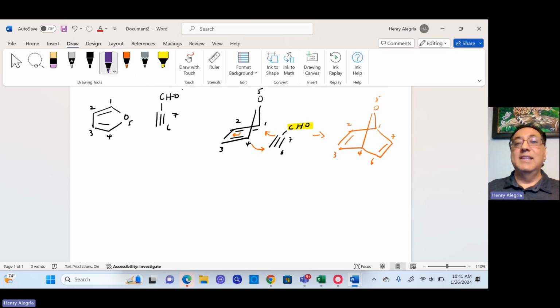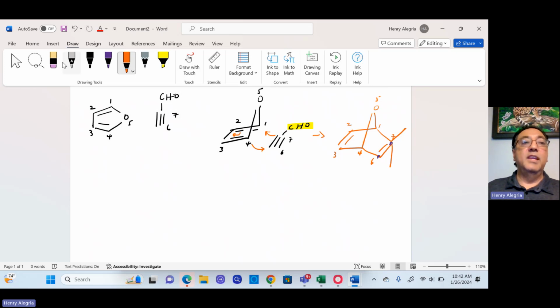Carbon 6 and 7 in the product here and here are sp2 hybridized. If they're sp2 hybridized, they're planar. And remember, anything attached to sp2 hybridized carbons has to be on the same plane. So therefore, that cannot be at a right angle down to be endo. It cannot be at an angle up to be exo.